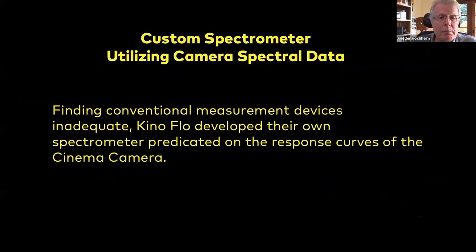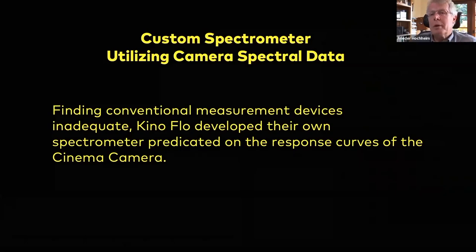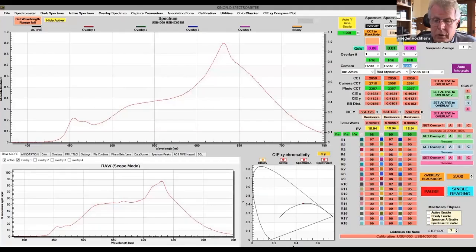So, finding all these measurement devices inadequate, we said the only way to do this correctly is to develop our own spectrometer. We need to understand the response curve of the cinema camera, so we set about doing that. I was very fortunate to have the same engineer from Kodak, who is now retired, lend his expertise. When I started Kino Flo, Kodak had this brilliant spectrometer with the response curves of film stock, and he had a catalog of lenses and coatings.